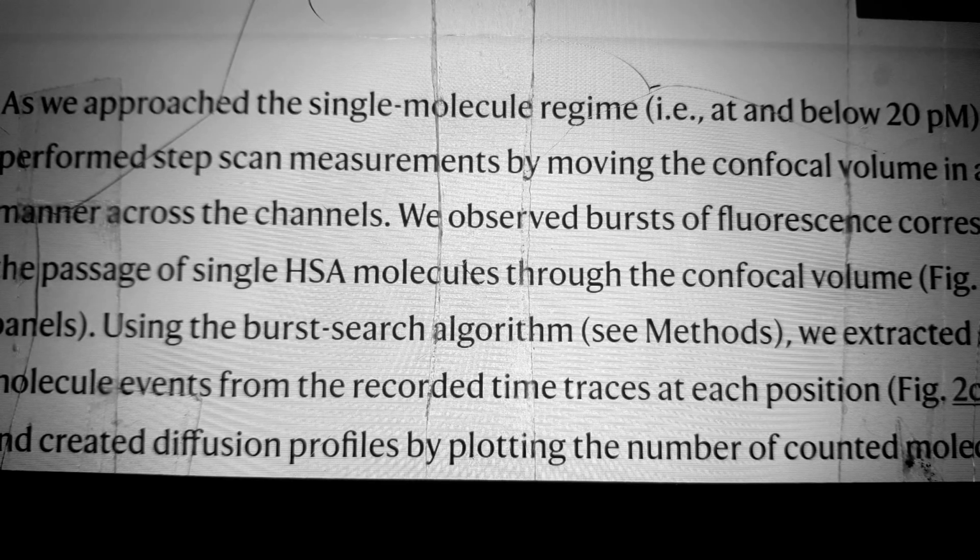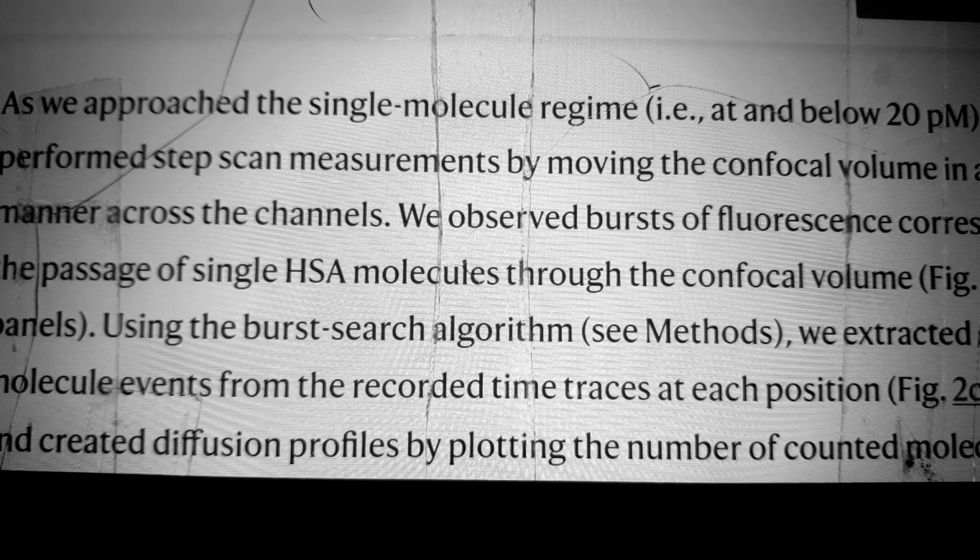Having approached the single molecule regime, step scan measurements were performed by moving the confocal volume in a stepwise manner across the channels. It was observed that there were bursts of fluorescence corresponding to the passage of single HSA molecules through the confocal volume, which is seen in the top panel.